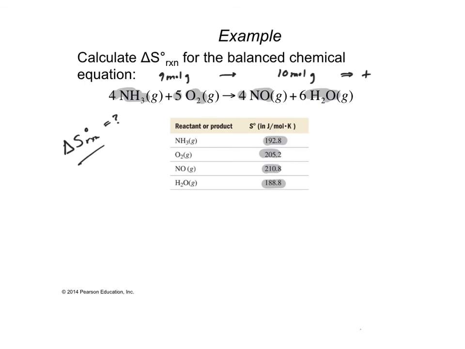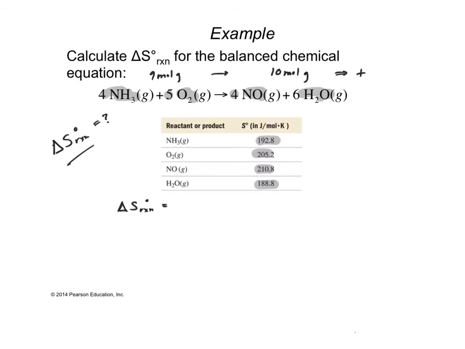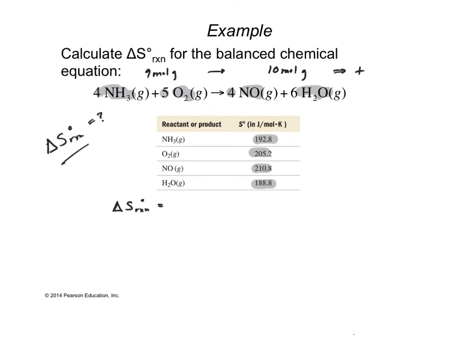Okay, so let's go ahead and utilize our little equation to calculate this change in entropy for this reaction. To do that, I am going to take the sum of my standard molar entropies of my products. First thing I'm going to do is look at NO, and I'm going to use brackets for this to distinguish.